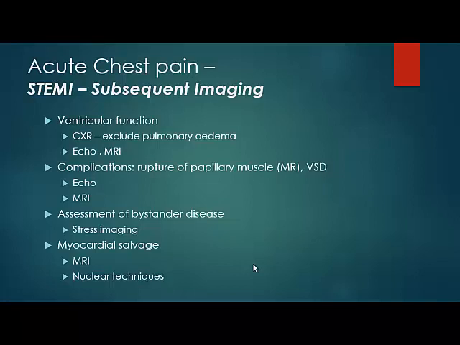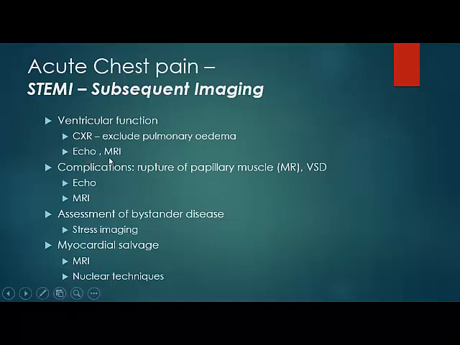Some of these patients would have developed acute heart failure because there has been large infarction involving one of the coronary artery territories, particularly the LAD territory. It's a large area of myocardium that can be infarcted, and these patients can have acute heart failure. So a chest X-ray could be very useful to exclude pulmonary edema.